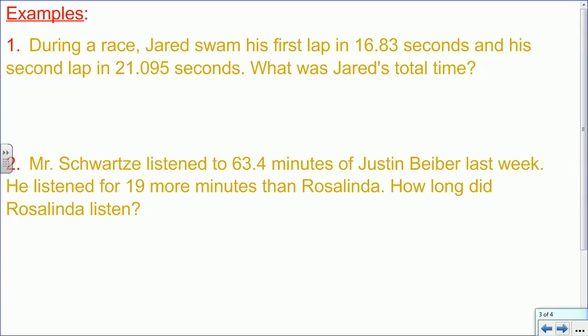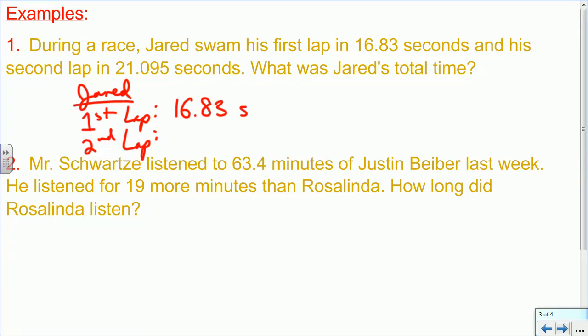So for some notes, we might just put Jared is the main man in this one, and his first lap and second lap times were 16 and 83 hundredths S for seconds, and 21 and 95 thousandths S for seconds. We need to add, because we're looking for the total time, so we need to put these together.